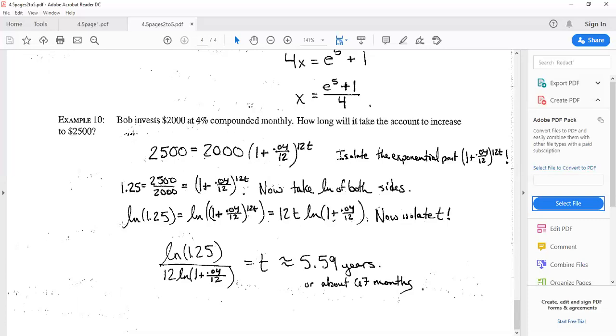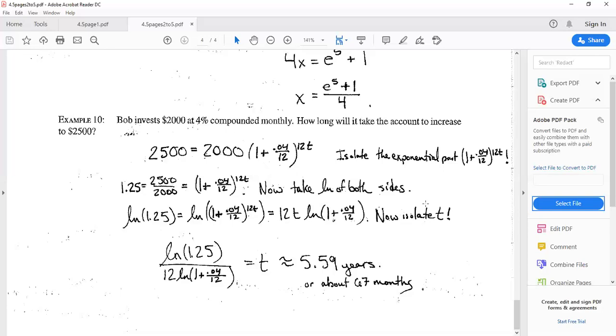And so we'll have natural log of 1.25 equals natural log of the quantity 1 plus 0.04 over 12, all raised to the 12t. And we know by the logarithm rules that we can yank this 12t outside here. So really we have natural log of 1.25 equals 12t times natural log of 1 plus 0.04 over 12.